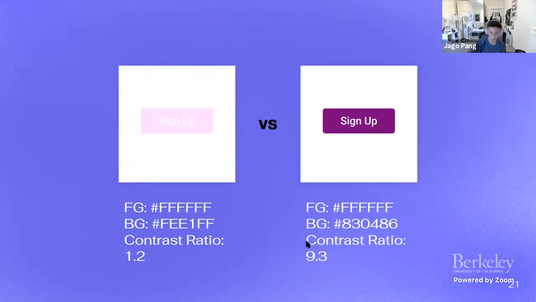Essentially, the higher the contrast ratio, the better the contrast and the better the legibility, so more people can see it.